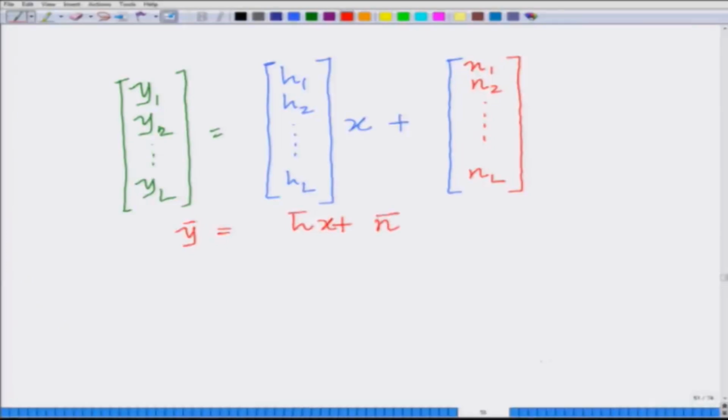And similarly, for the noise, one can assume, as we have done previously, that the expected value of each Ni square equals sigma square, that is, each noise has power sigma square, that is the noise power.